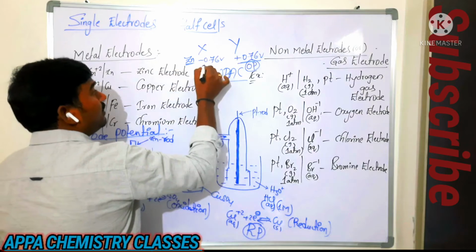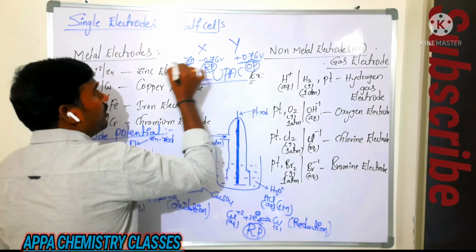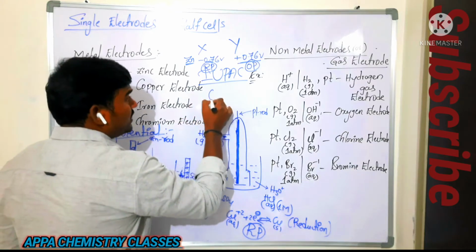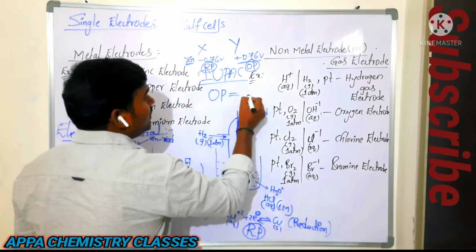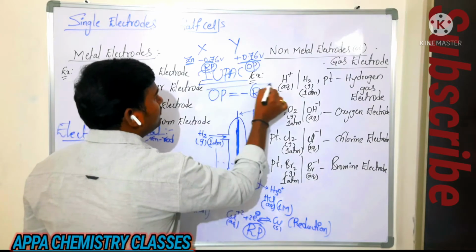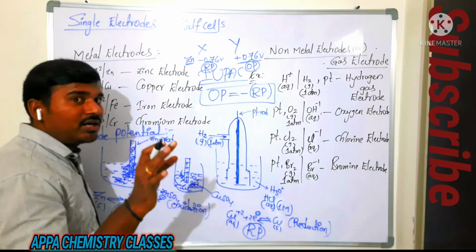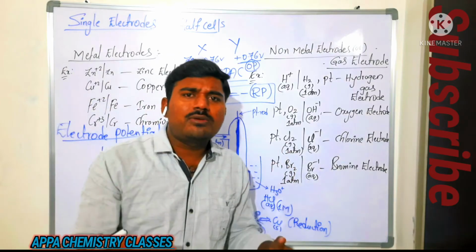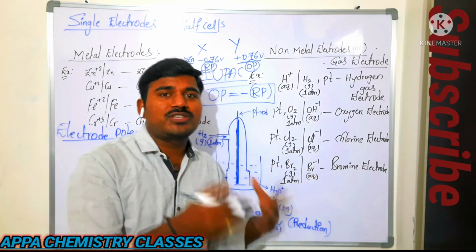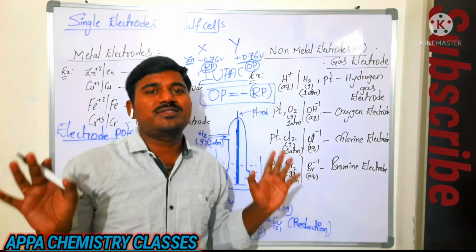By gain of electron, whatever potential you get, that is what we call reduction potential. That is, oxidation potential must be equal to reduction potential with opposite sign. Oxidation and reduction potentials are equal in value, but they have different signs.